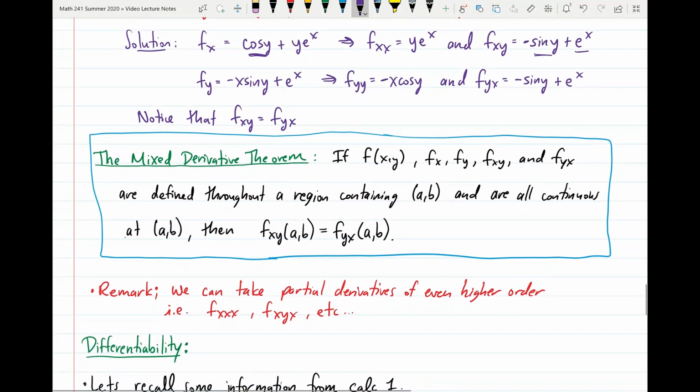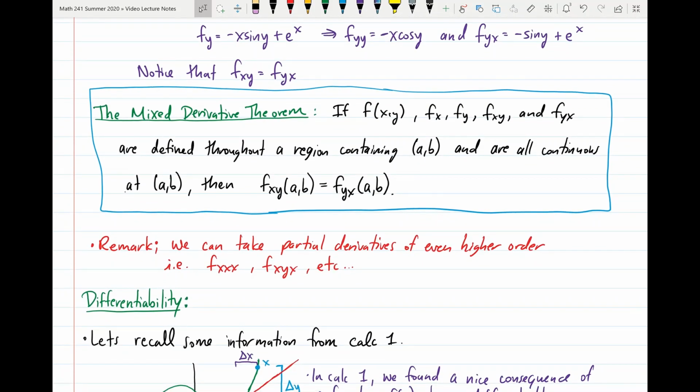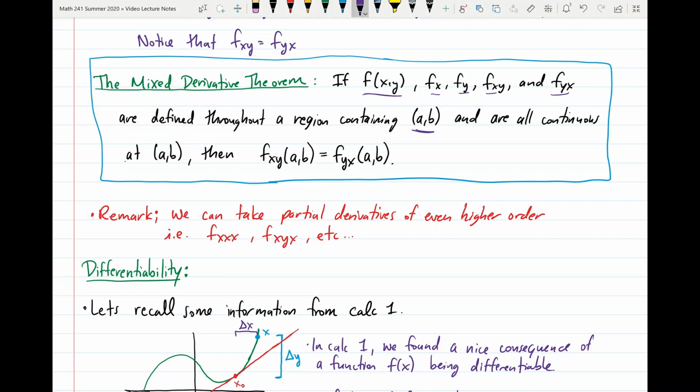And this leads into what is called the mixed derivative theorem. So if f of xy, f sub x, f sub y, f sub xy, and f sub yx, so all of these different partial derivatives here, as well as the function itself, are all defined throughout some region containing a point (a, b), and as long as they're all continuous at the point (a, b), then our mixed partial derivatives evaluated at the point (a, b) are going to be equal.